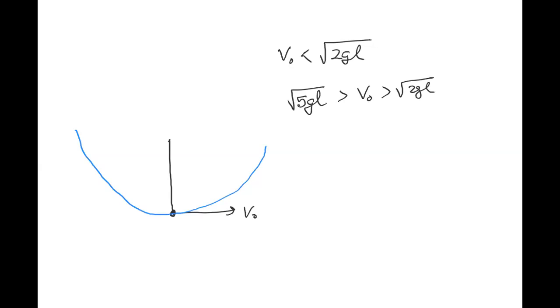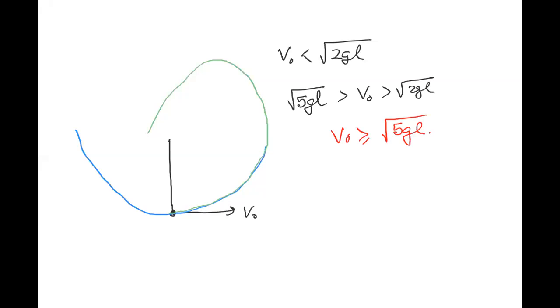V naught is less than root 5 GL. नहीं नहीं नहीं क्या हो गया. यही तो डिस्कशन किया था. Goes up to a certain point and then goes to a bigger. हाँ. V naught is greater than or equal to root 5 GL. What happens?